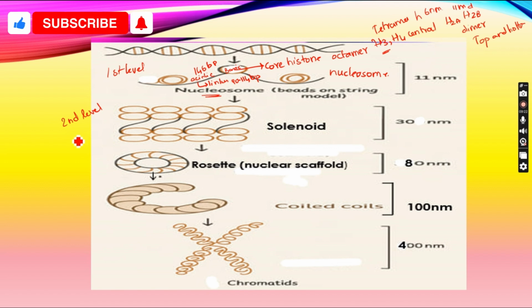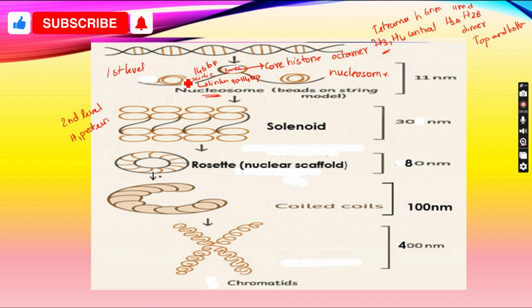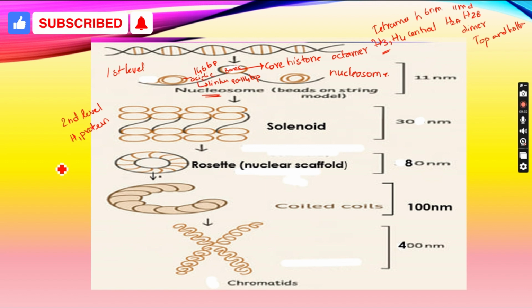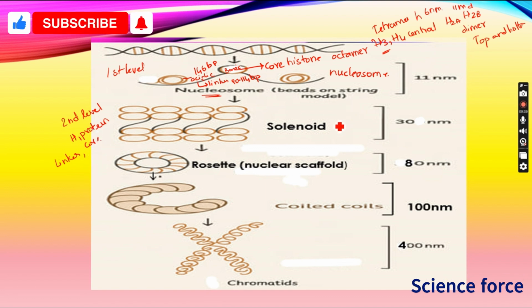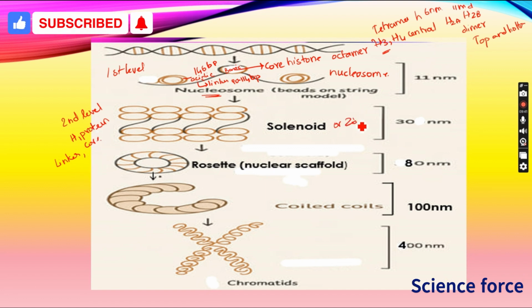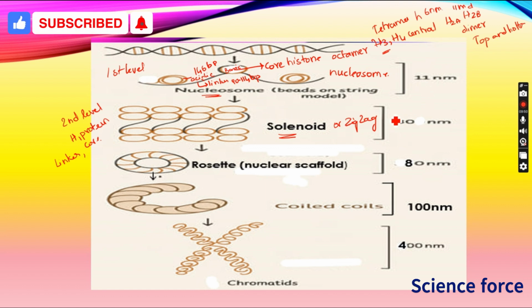The main protein involved is the H1 protein, histone 1, which compacts by connecting the core histone and linker histone. The second level of organization can be a solenoid or zigzag. But the solenoid is the common method, where it is compacted from 11 nm to 30 nm.